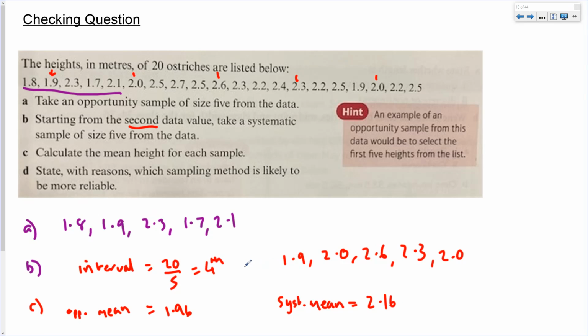Okay, and part D, state with reasons which sampling method is more likely to be reliable. Well, again, the systematic sample is more likely to be reliable as it's more random and more representative. The opportunity sample could, for example, just contain the 5 smallest heights.